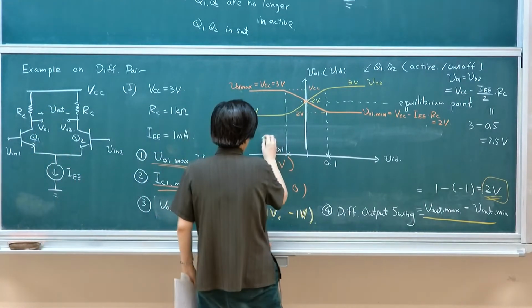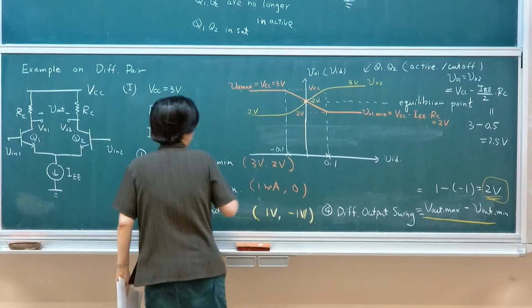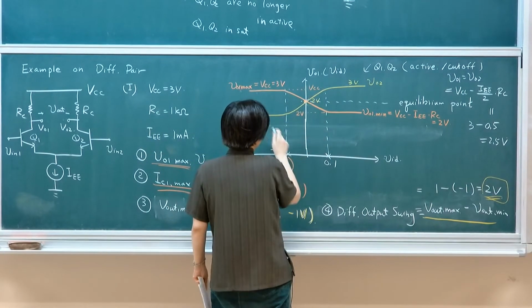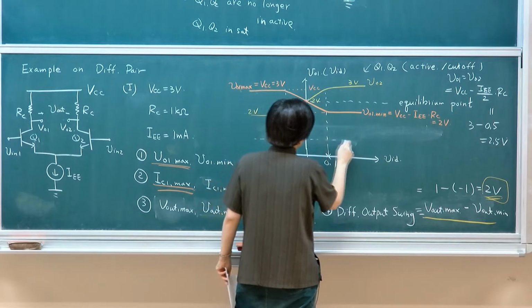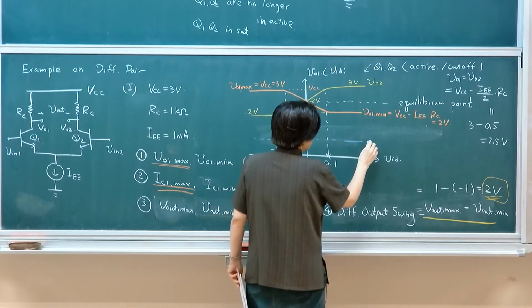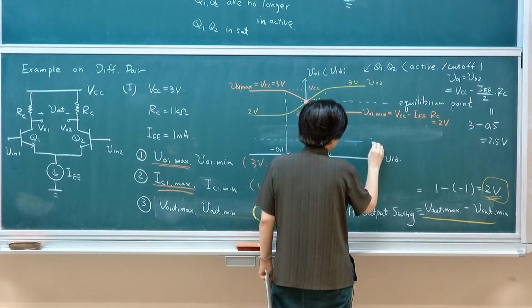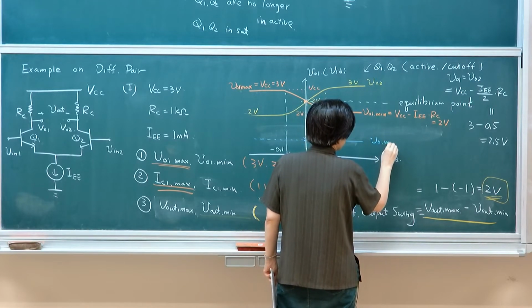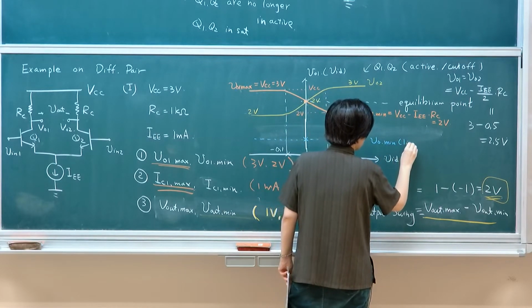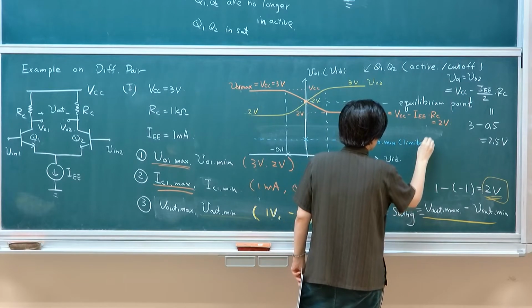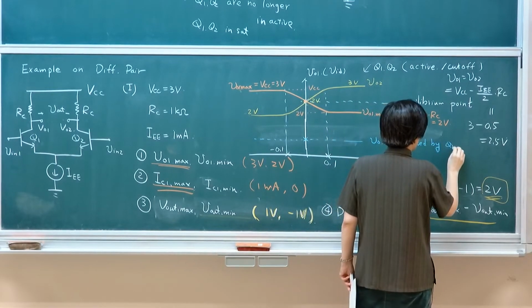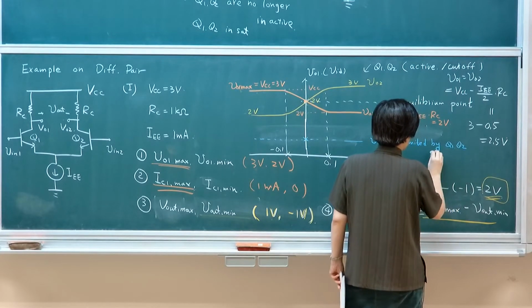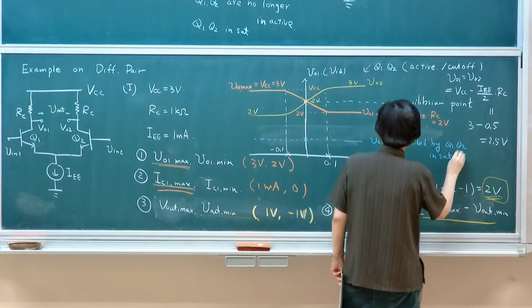So you want to make sure that your VO minimum will be larger than the limit we already established. This is the limit VO minimum, which is limited by Q1, Q2 in SAT.